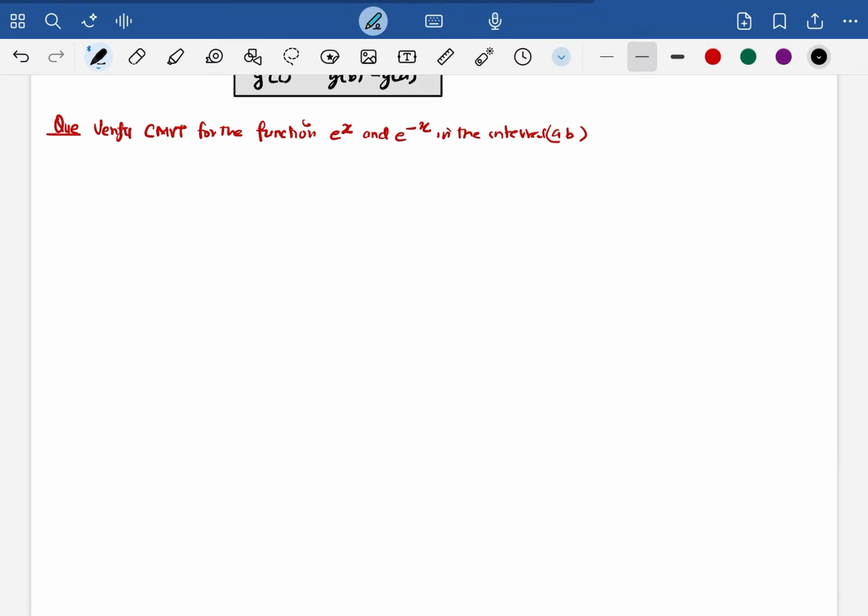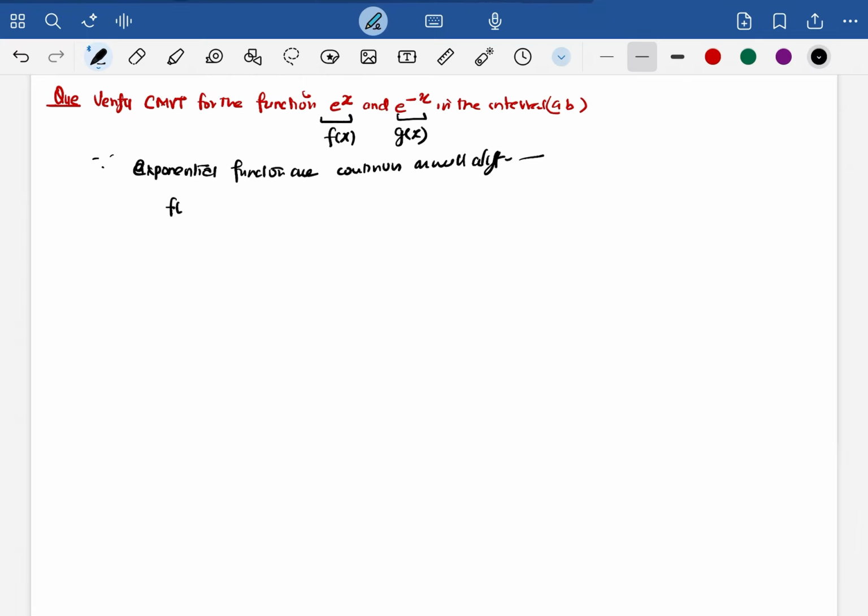Can we say this is f(x), and let us assume this is g(x), and we know that exponential functions are continuous as well as differentiable. Hence the first two conditions are satisfied.